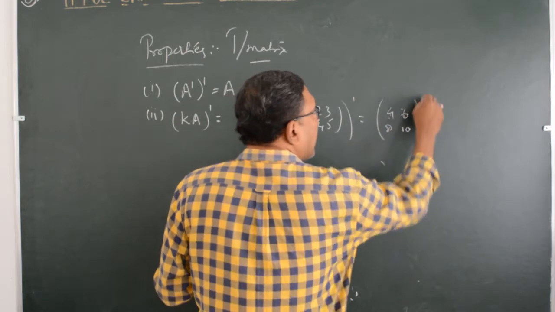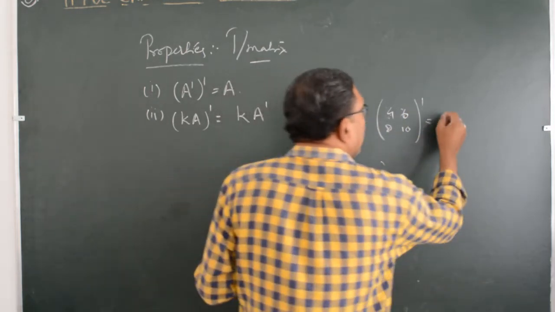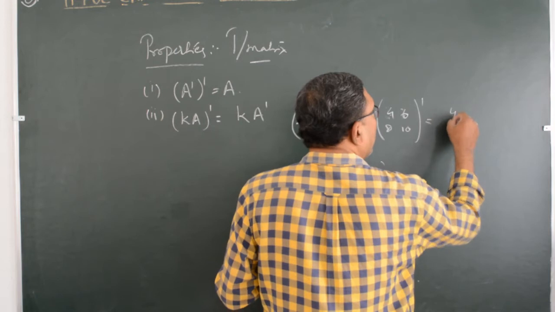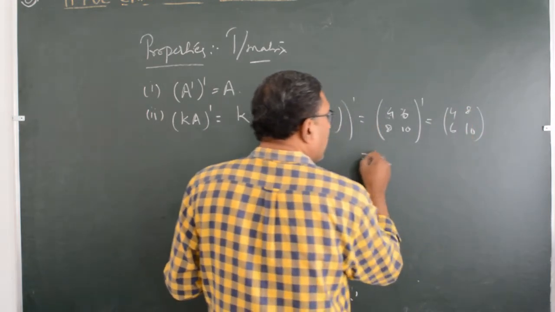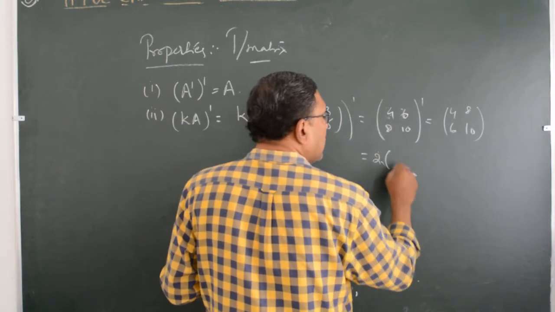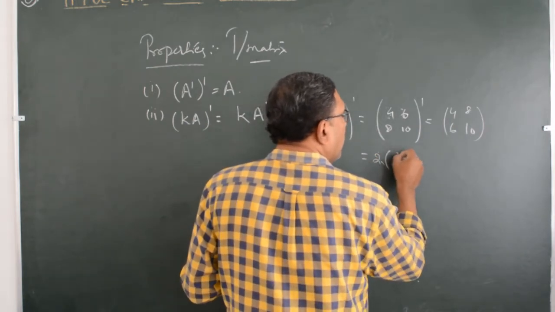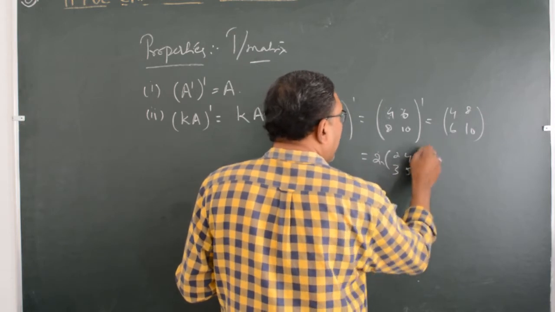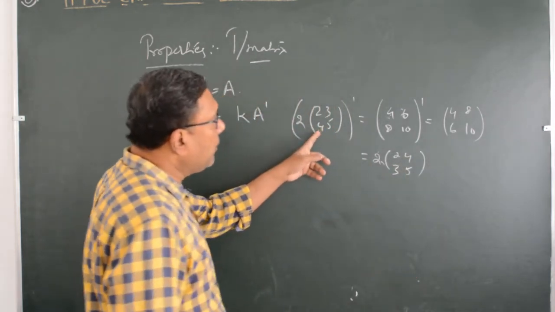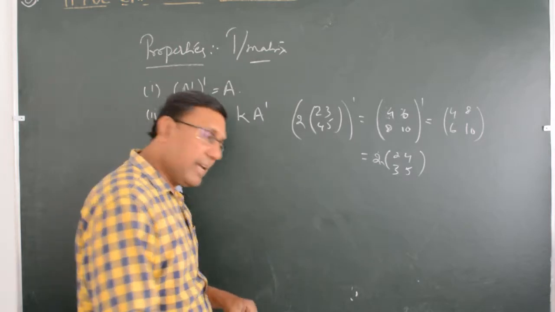Then you transpose it and you get 4, 6, 8, 10, and you can take out the common factor 2 again. Then it will be 2, 4 and 3, 5. It is similar to the transpose of matrix A itself.